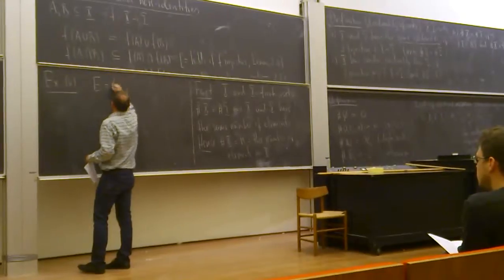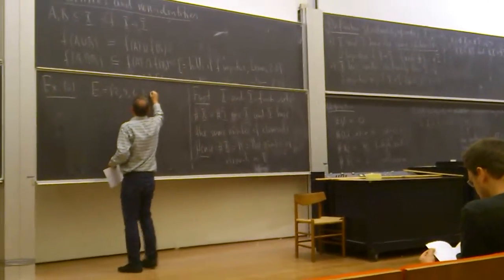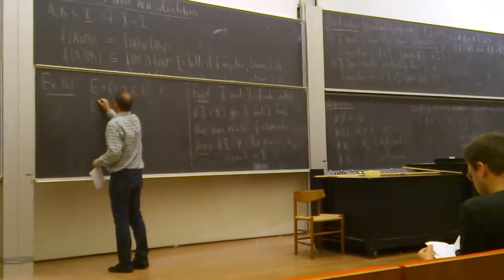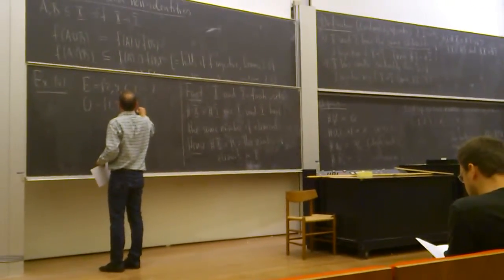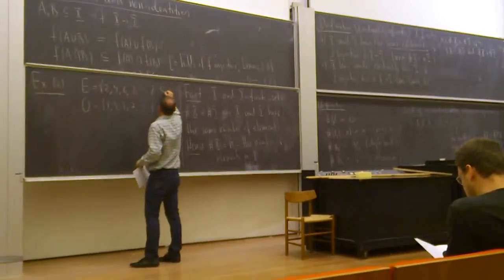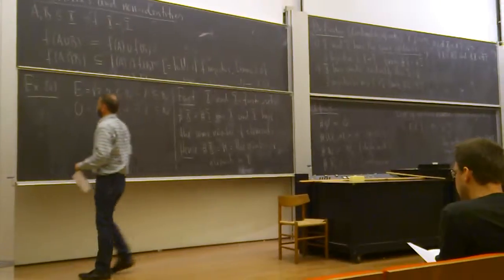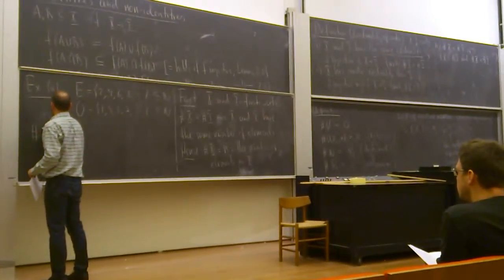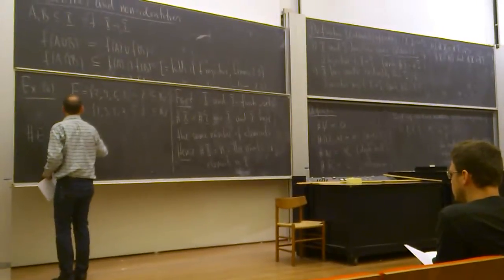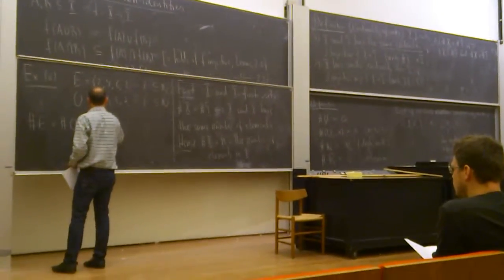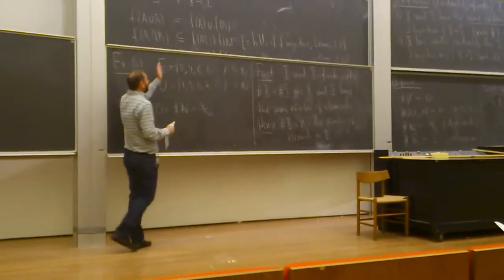Let E be the set of even numbers and O be the set of odd numbers. And these are subsets of the natural numbers. Then it is true that the cardinality of E and the cardinality of O is equal to the cardinality of N, aleph-null. They are countable.